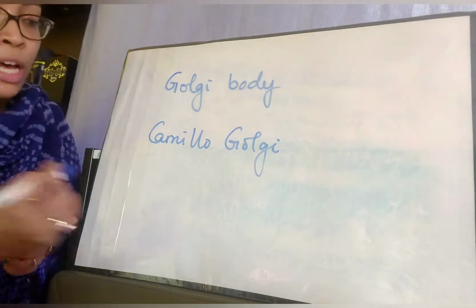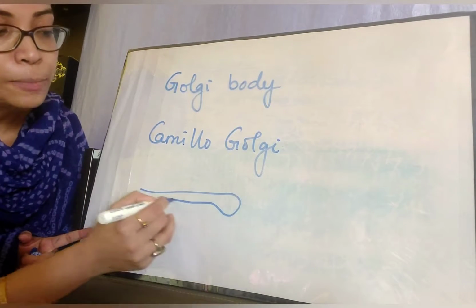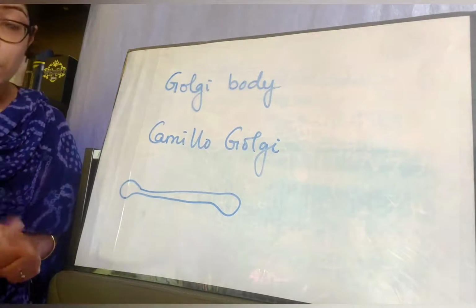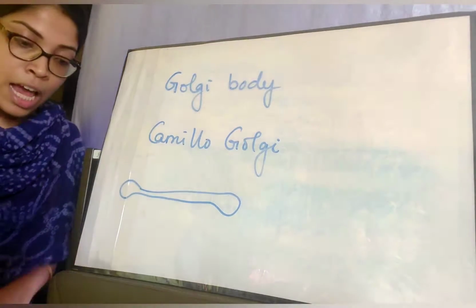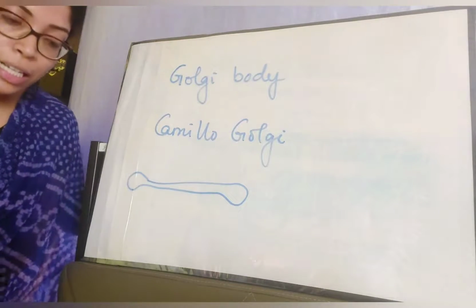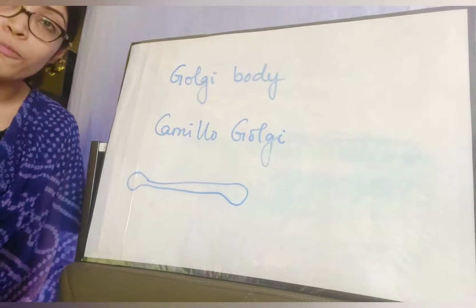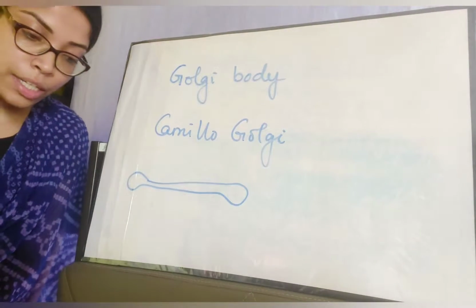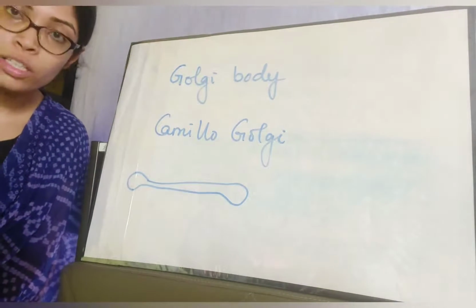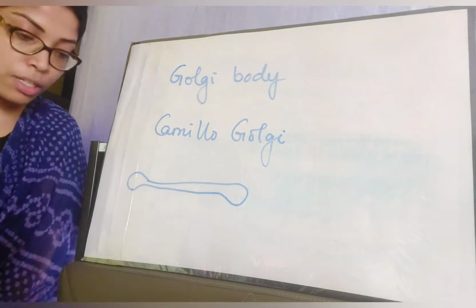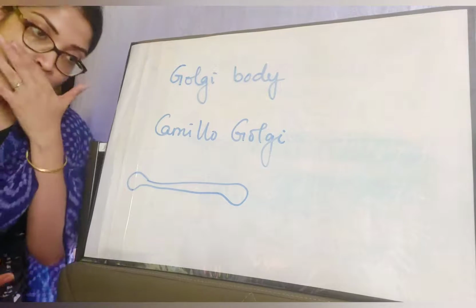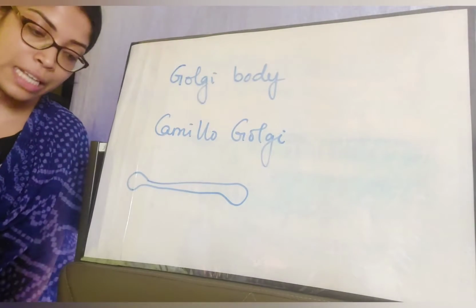So I have already told you that suppose this is the cisternae, and these two terminal ends will be pinched off to form the vesicles, right? The second function of Golgi body is that it helps in the formation of plasma membrane. Okay, so as you can see, the secretory granules that originate from the Golgi body by the pinching off process from the cisternae, they fuse with the existing plasma membrane or the cell membrane.